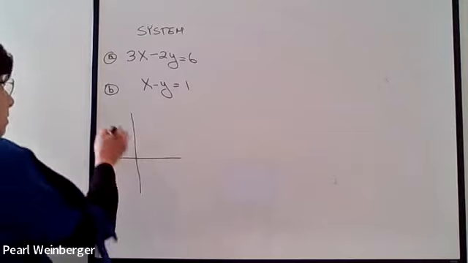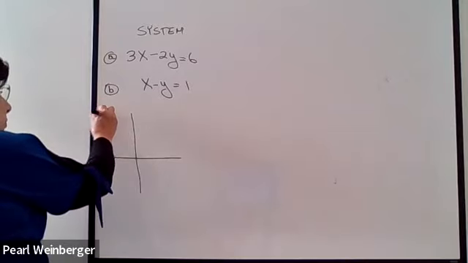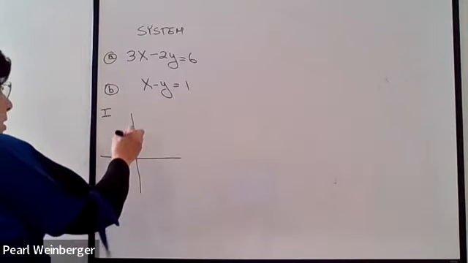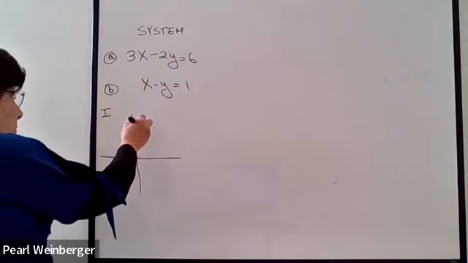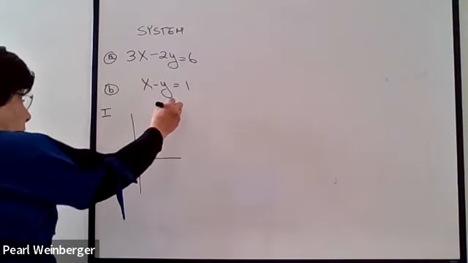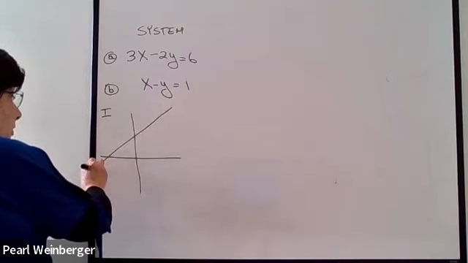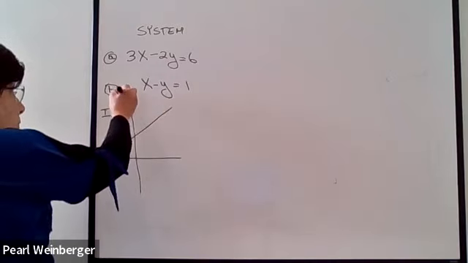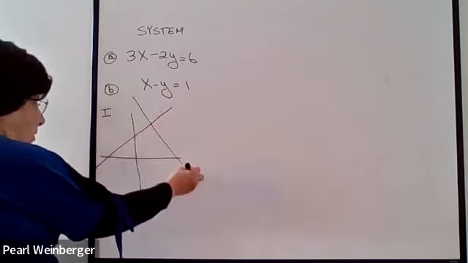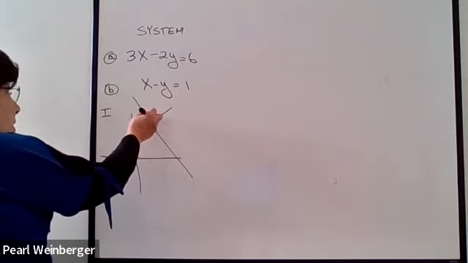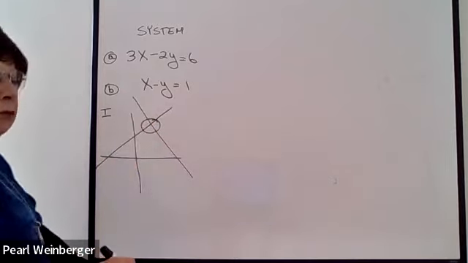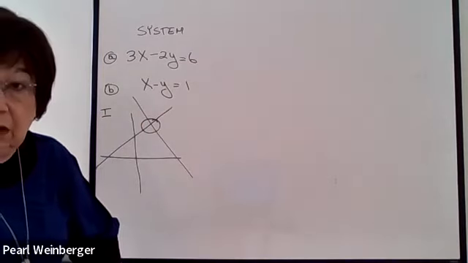Well, here's the first situation. I draw my lines, and the first one comes out like this, and the second one, let's say, comes out like this, and the two lines cross, that is, intersect.